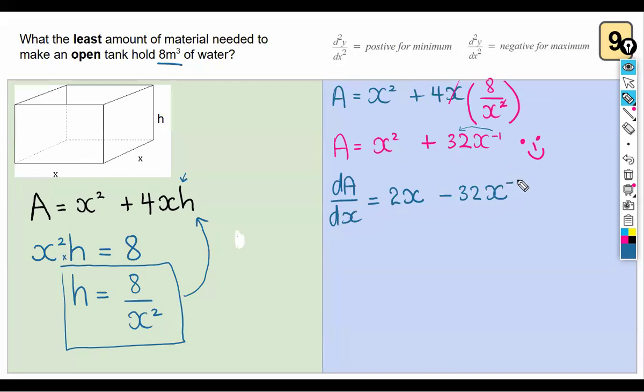Minus 1 is minus 2. How many people at least had that after they differentiated? Good. Now, we're going to put it equal to 0. Now, this minus 2, let me throw it underneath for the calculations, and it becomes positive 2. So we get a nice little x squared there.